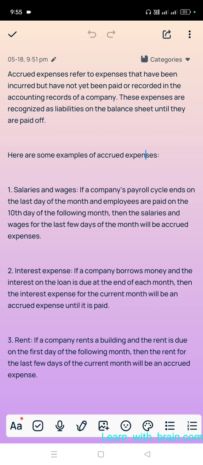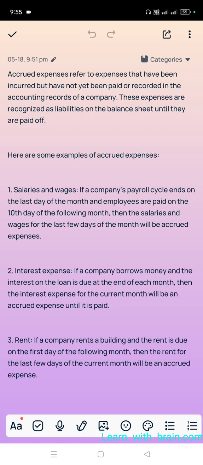So for the May month we will recognize the salaries as accrued expenses, because the salaries have not been paid until the 10th of next month. So if you join a company, we have to do accounting every month.